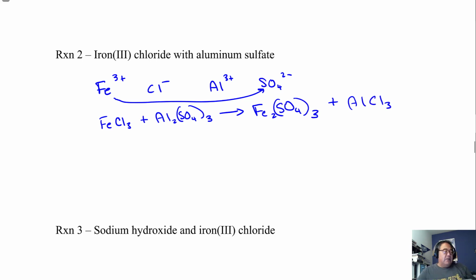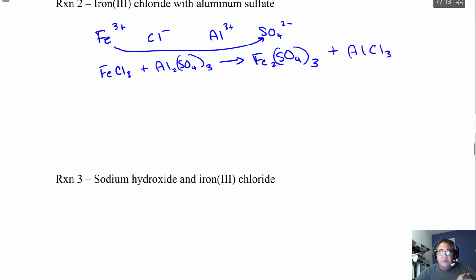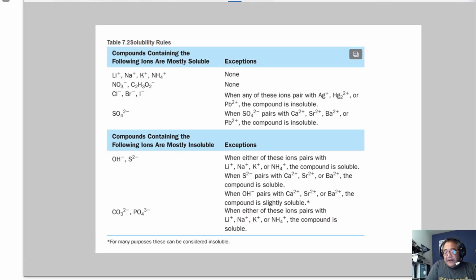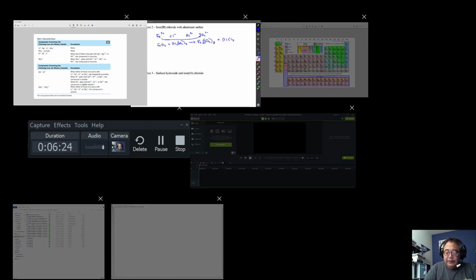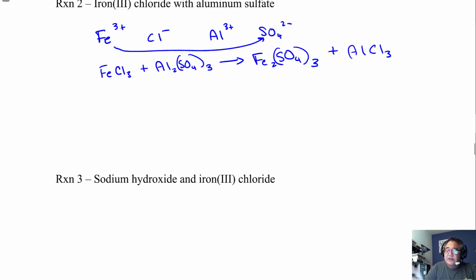Now what I want to do is I want to go look up the states. Oh, actually, I'll just switch over to my other slide now that I've created it. Sulfates are generally soluble, and there are no exceptions in here listed on our reaction. So that means iron sulfate will be aqueous, and aluminum chloride will go back to chloride.